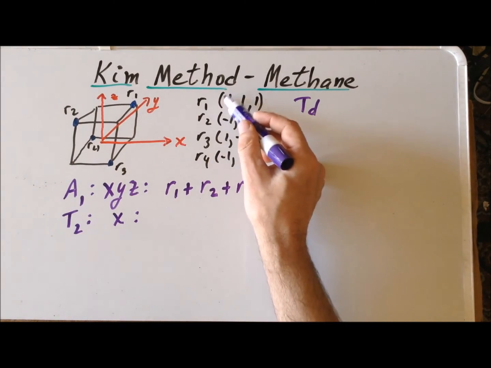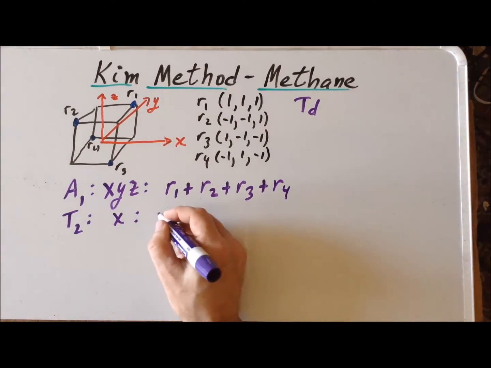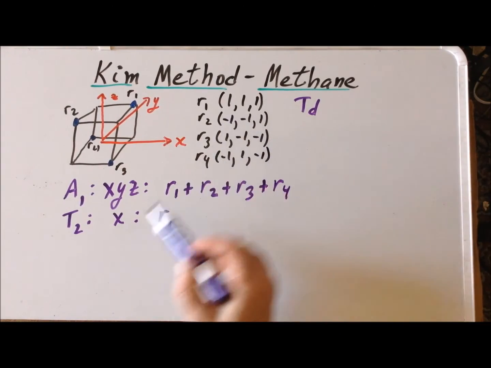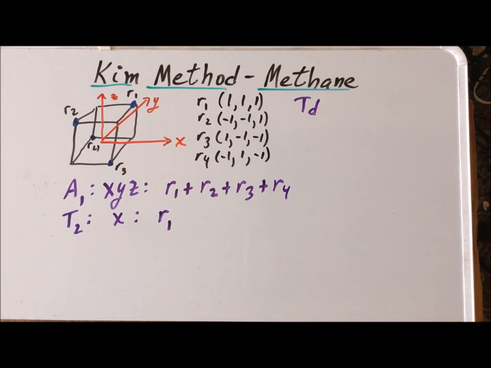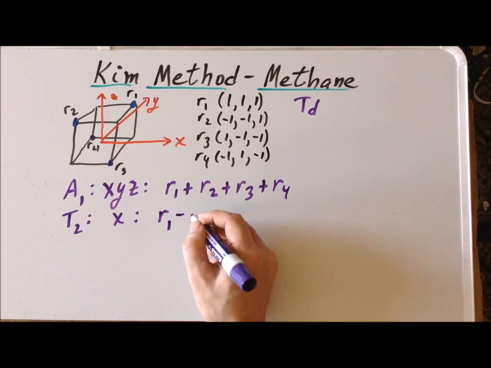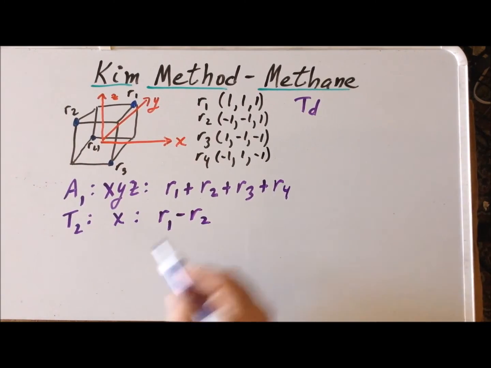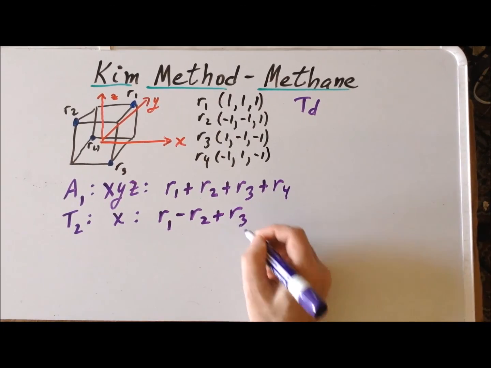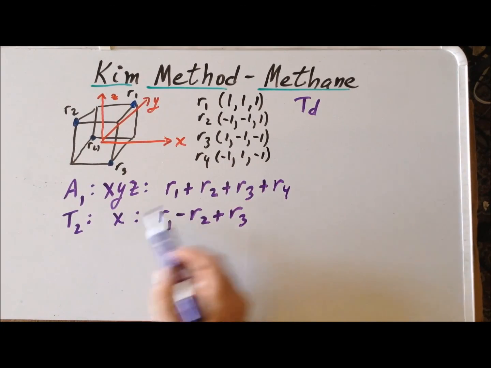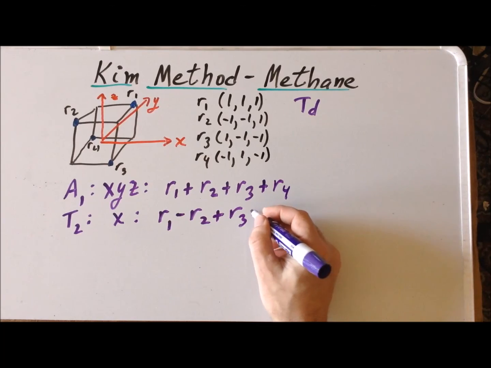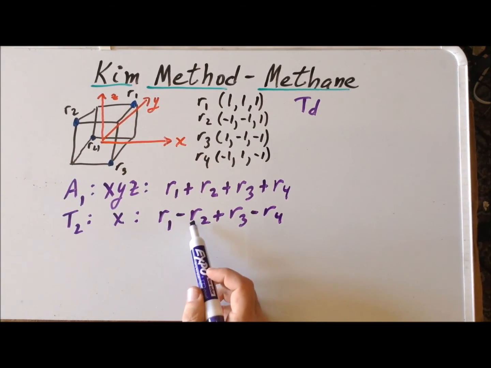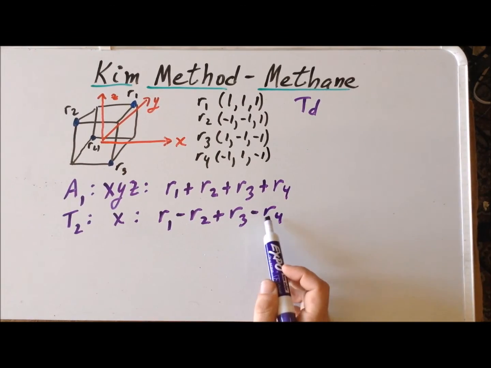So we notice for R1, its x coordinate is a plus 1, so the coefficient is a plus 1. For R2, the x coordinate is minus 1, so the coefficient is minus 1, so that gives us minus R2. For R3, the x coordinate is plus 1, so our coefficient is plus 1. And similarly for R4, our x coordinate is minus 1, so our coefficient is minus 1. So this particular vibration is R1 minus R2 plus R3 minus R4.